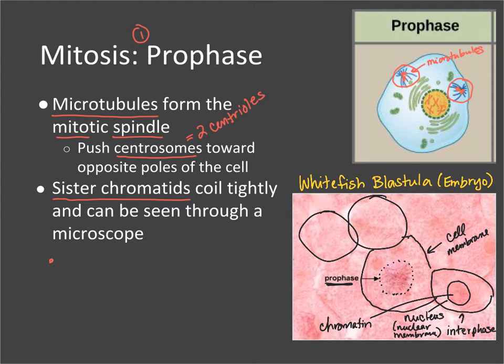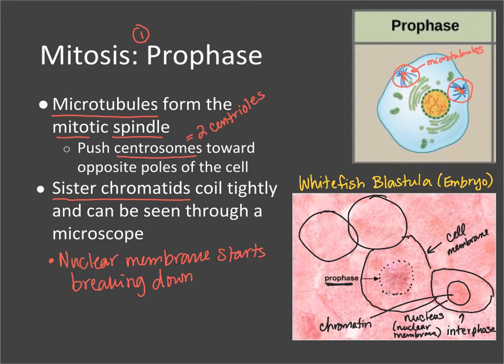So we'll add that and say that the nuclear membrane starts breaking down. Because remember, the chromatin, the DNA, is stuck in the nucleus. So at some point, in order to separate those chromosomes, we're going to have to remove that barrier so that those chromosomes can get separated. And that starts to happen during prophase.